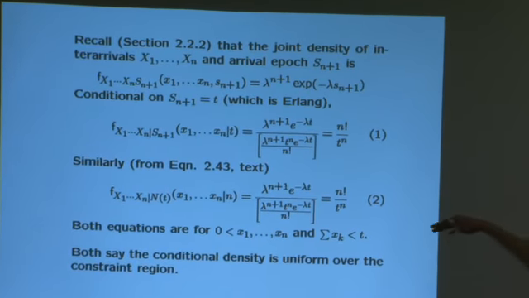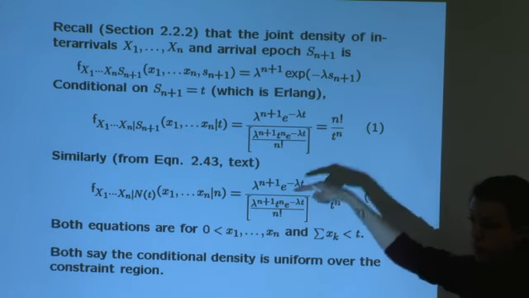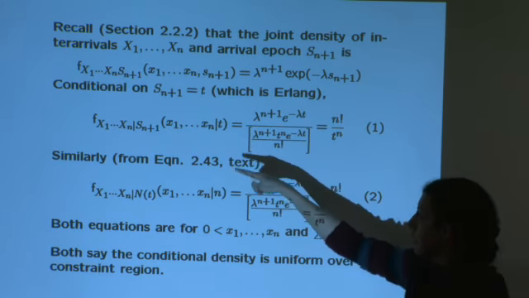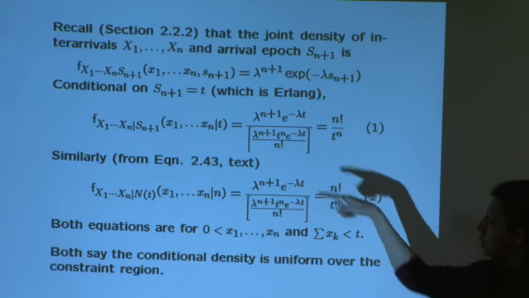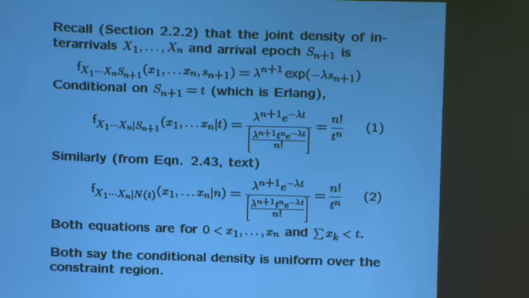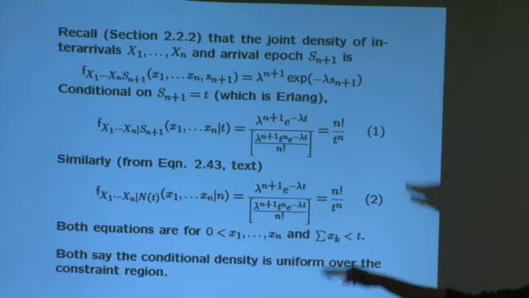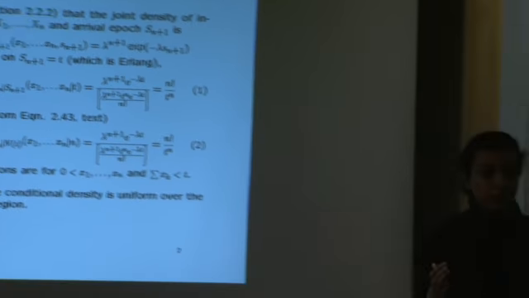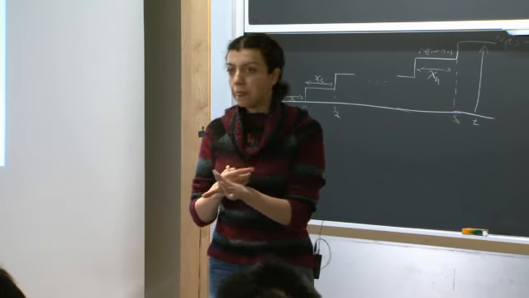So this conditional density will be the joint distribution over the distribution of S_{n+1}, which is like this. So this joint distribution will be like this. What is the intuition behind this? You've seen this term before. This means that we have a uniform distribution over the interval, conditioned on something.